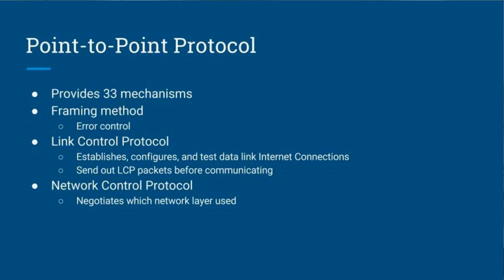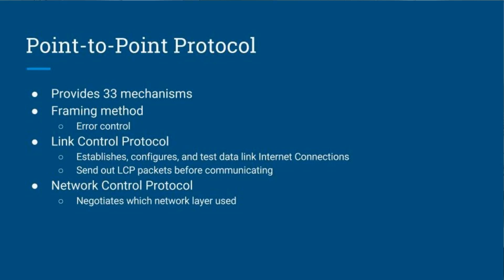So when the physical layer goes up to the data link layer, and the data link layer is trying to communicate with the network layer, it'll establish that connection, it'll configure it to the right settings, and then it will test that data link connection and make sure that the connection is established and that it could handle what is being sent.